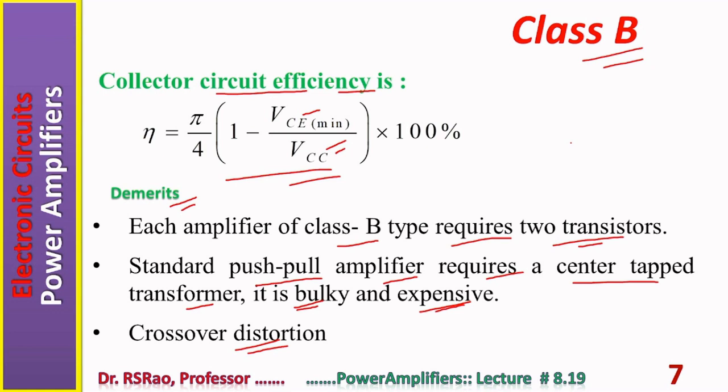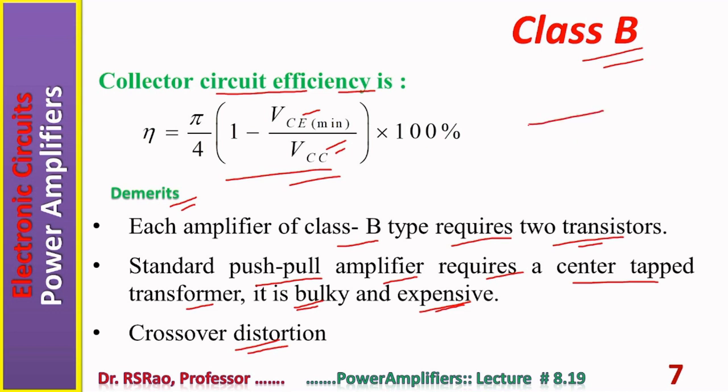If a transistor doesn't immediately move to a conducting state after the other transistor goes into a non-conducting state, then one type of distortion comes into being. It is called crossover distortion.